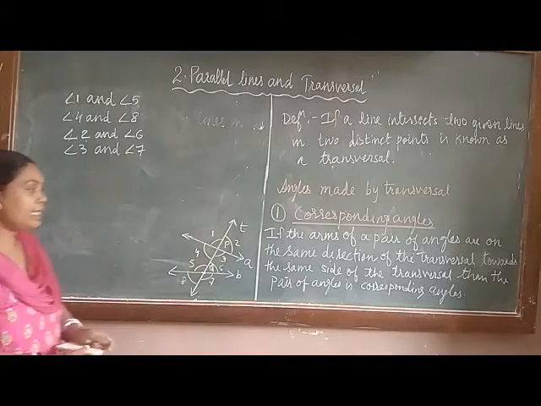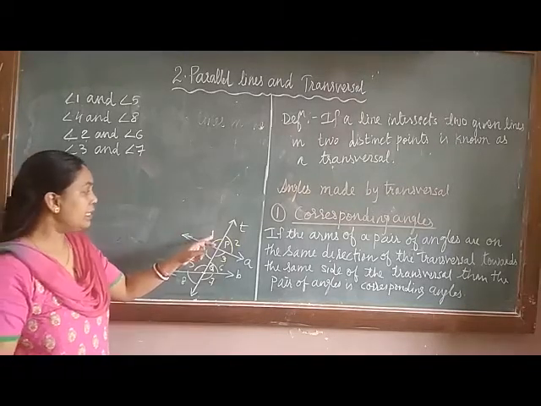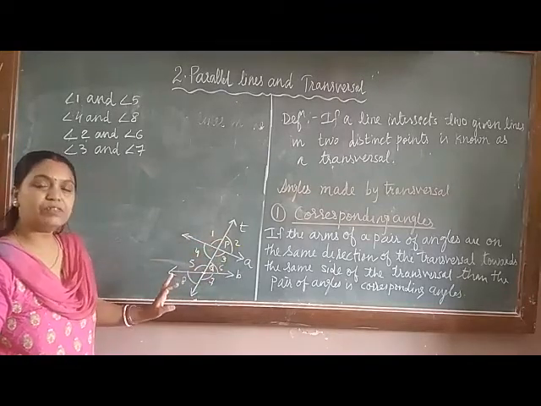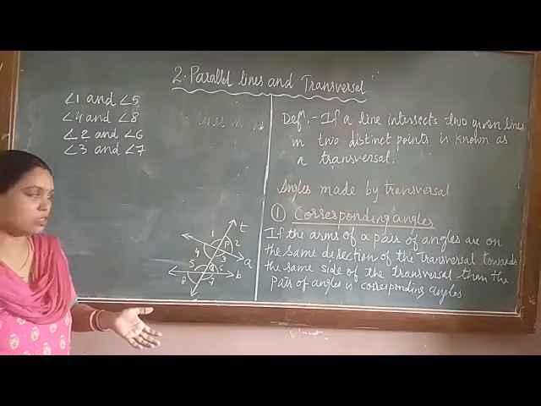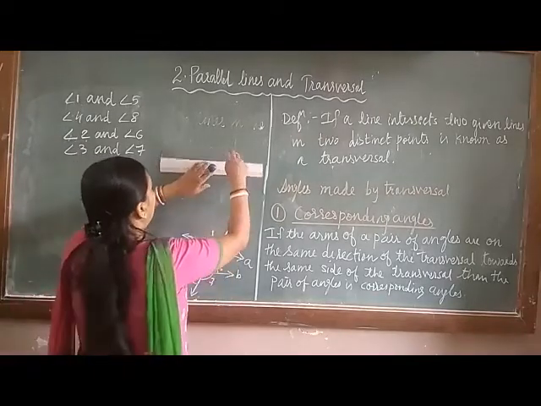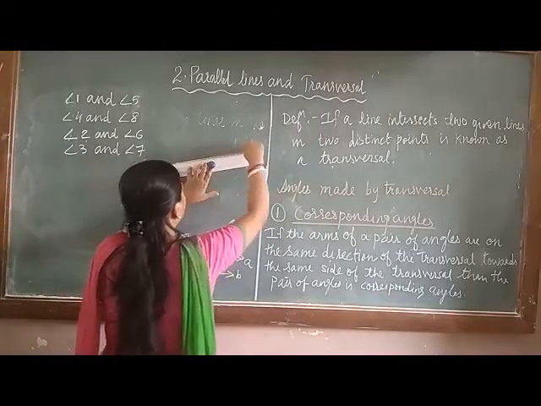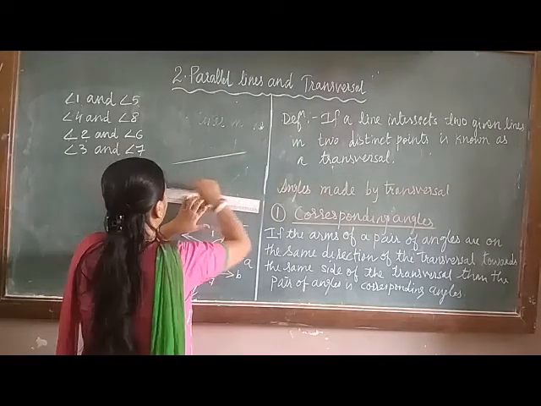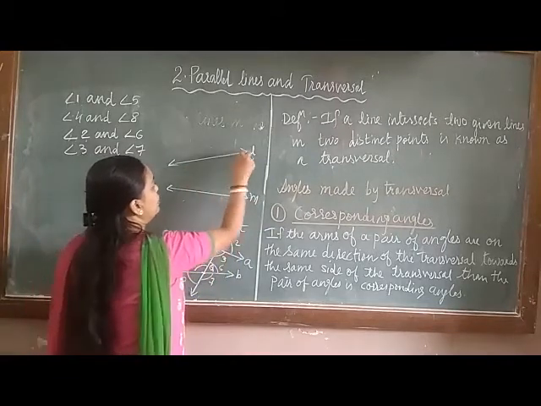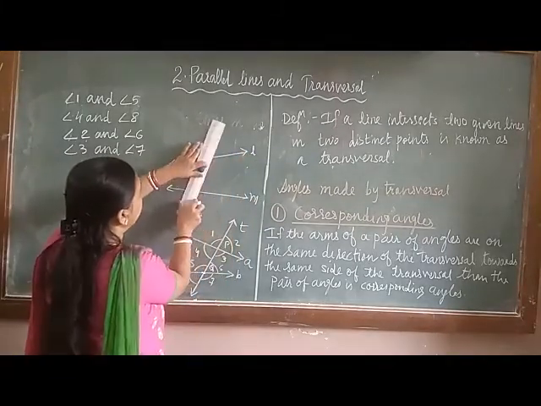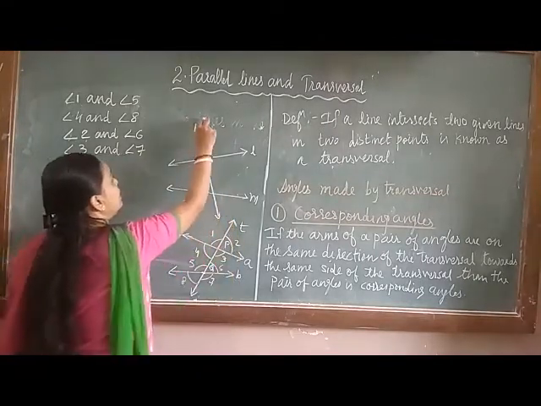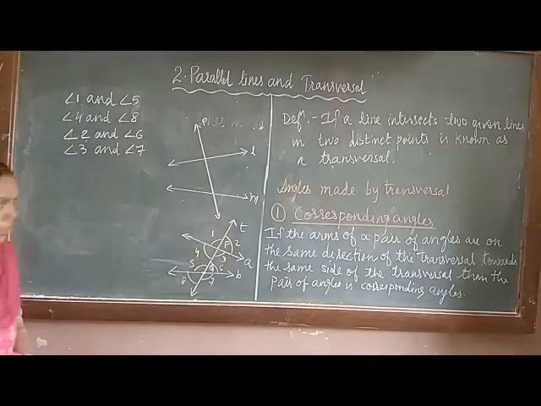Okay, you can name these angles by numbers like 1, 2, 3, 4, 5, 6. You can name them by alphabetical letters also. For example, if I draw in the second case 2 lines, L and N are the 2 lines, P is the transversal, making 2 distinct points.